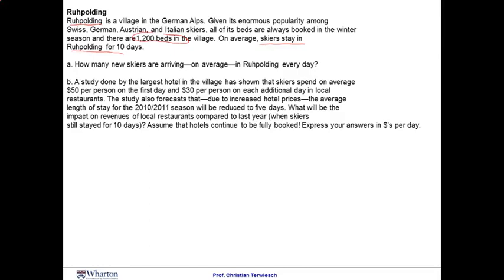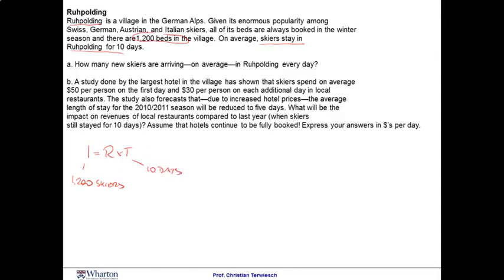Alright, how do we figure this out? This is a Little's Law question. We have a situation in which we know how many skiers there are in the village, because we know that all these beds are booked out, and so I know that I have 1,200 skiers. I also know that they are staying on average for 10 days.